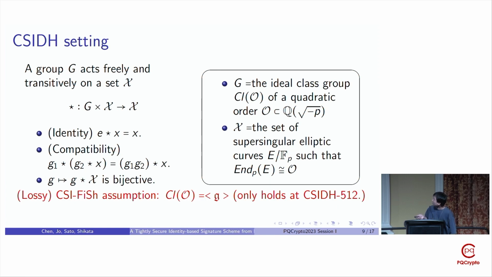Notice that each element in the ideal class group represents an isogeny. To efficiently sample elements of the ideal class group, CSI-FiSh and Lossy CSI-FiSh assume that the ideal class group is cyclic and the generator g is known. But this assumption only holds at parameter CSIDH-512 by now.